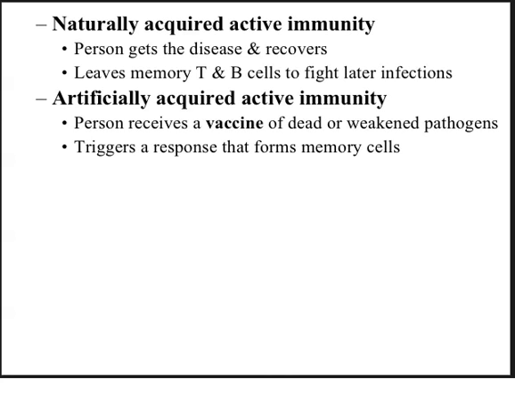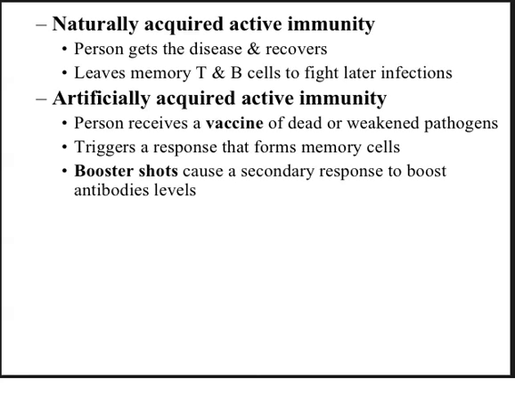So this triggers a response that generates memory cells that remain in your system for decades, and in the event that the actual pathogen shows up, it's as if it's a secondary immune response, and you're able to wipe that pathogen out.